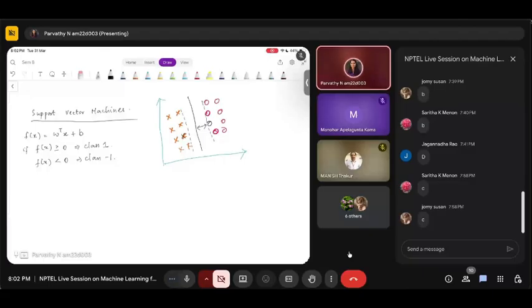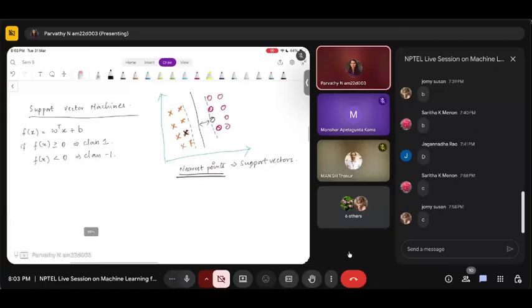So on each side, they take the nearest training point, and these nearest points are actually called support vectors. So the optimal boundary depends on these nearest points, and these are called support vectors.